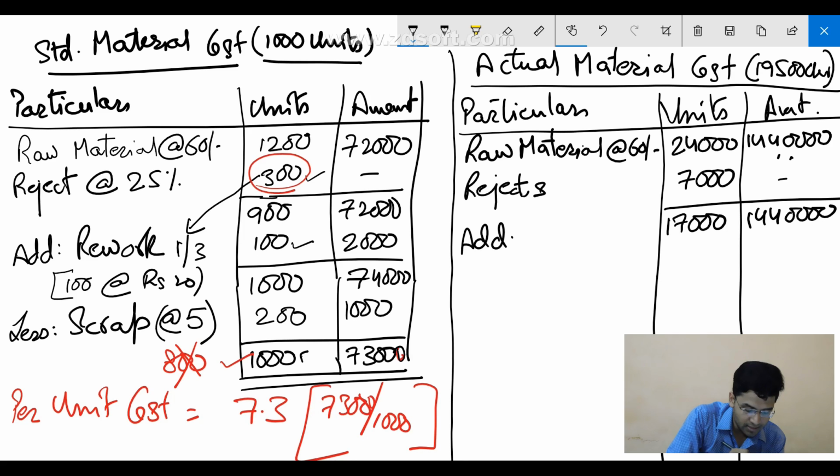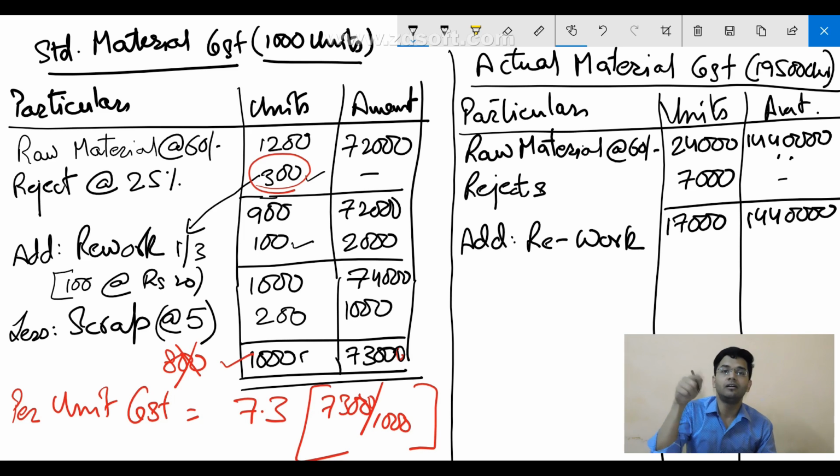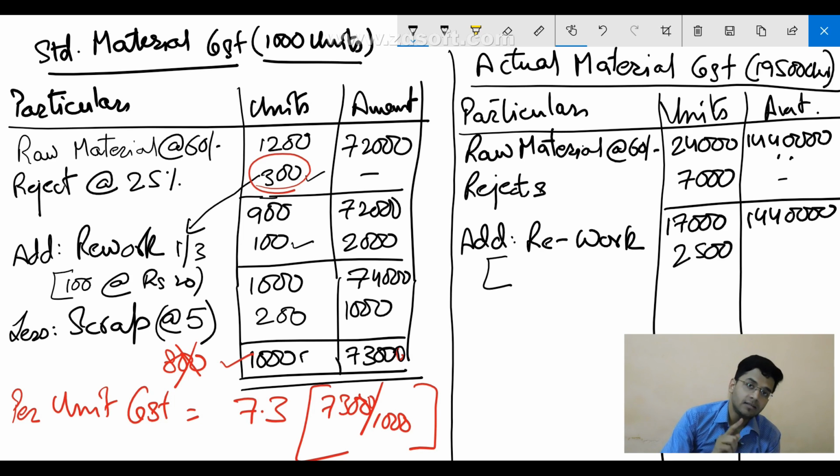Now there is some amount of rework which we can add here, and the rework should ideally be 1/3 of the reject. However, again in this question the actual rework is something different, 2,500. And tell me, what is the price at which the rework should incur the expenditure? It is 20 per unit.